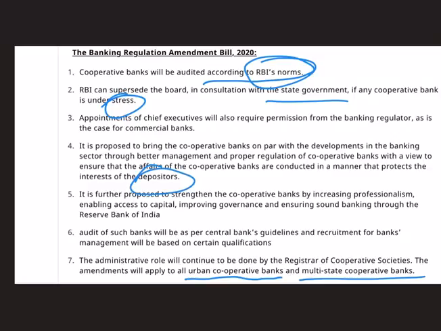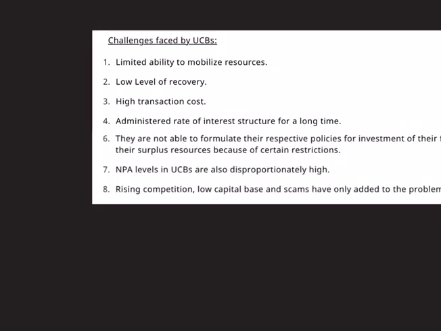And it will also strengthen the cooperative banks by increasing professionalism, enabling access to capital, improving governance and ensuring sound banking through the Reserve Bank of India. So here are some of the challenges being faced by the urban cooperative banks. Firstly, they have limited ability to mobilize resources. Then there is a low level of recovery and high transaction cost.